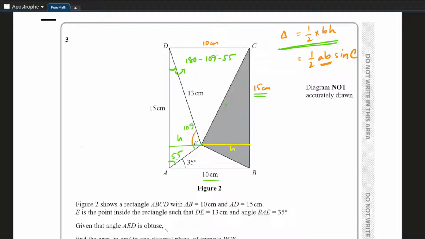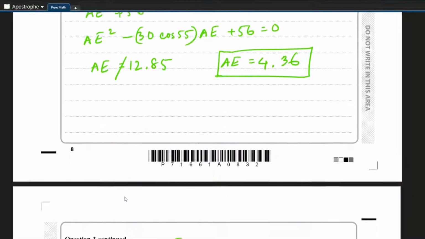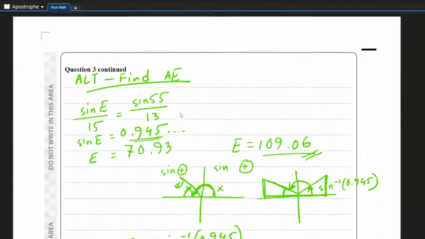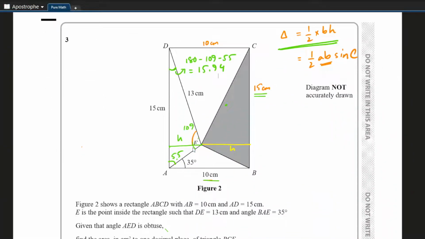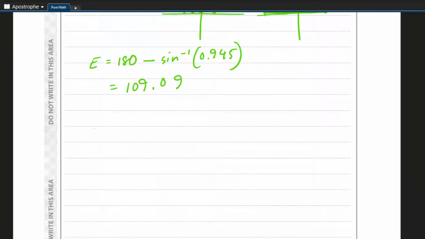I'm going to use 109.06 to get a more accurate value, which is 15.94. So if that is 15.94, which was angle ADE, angle ADE is equal to 15.94 degrees. I'm using 06 here.